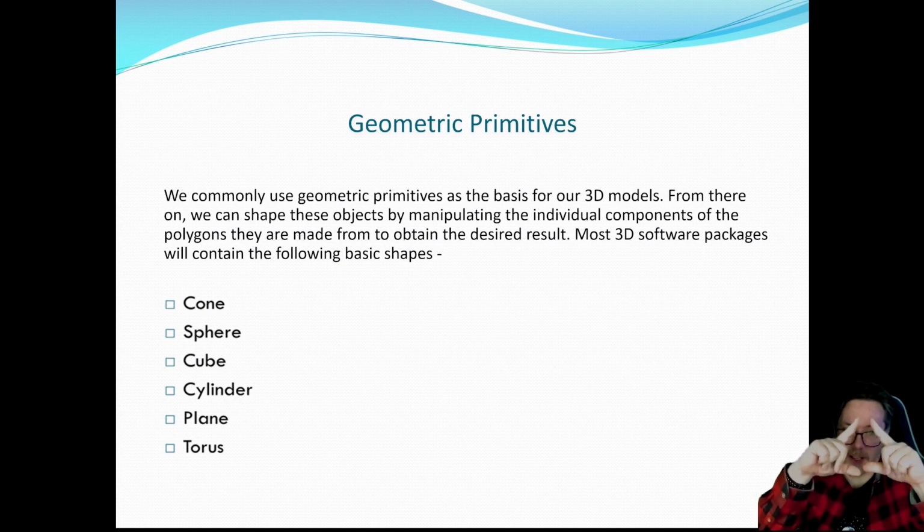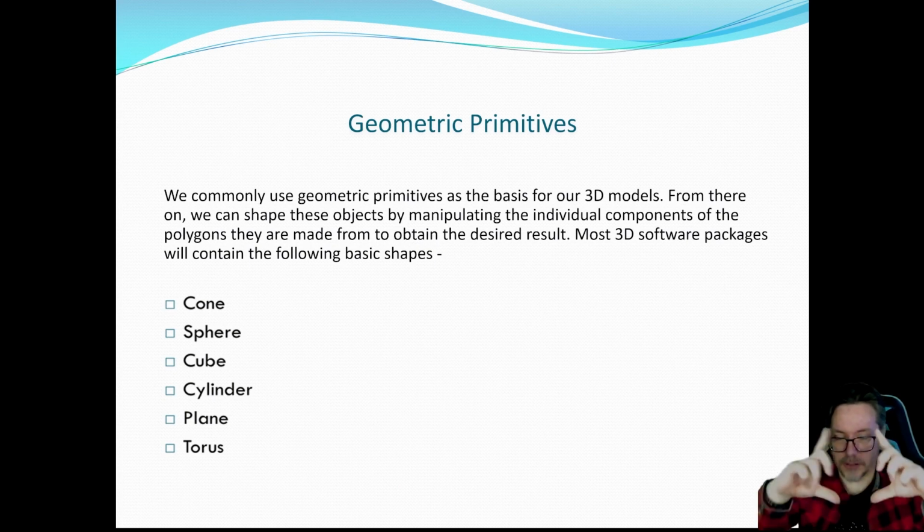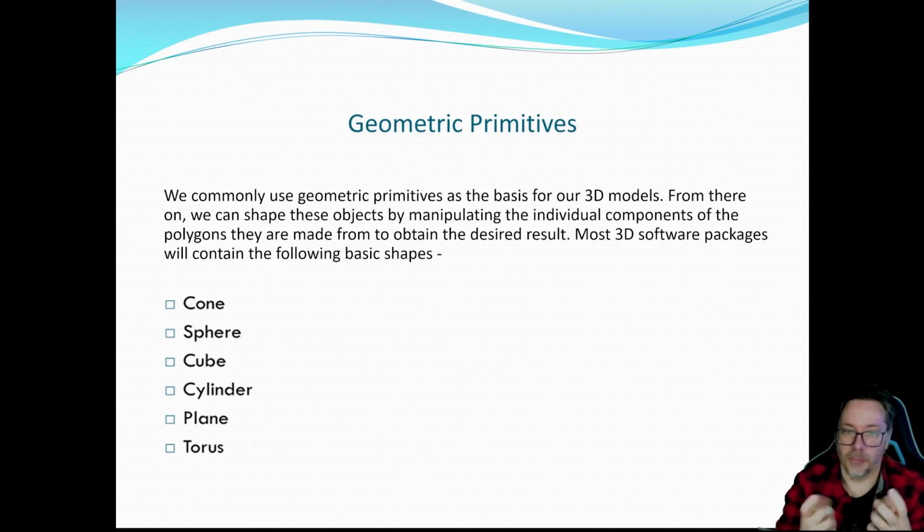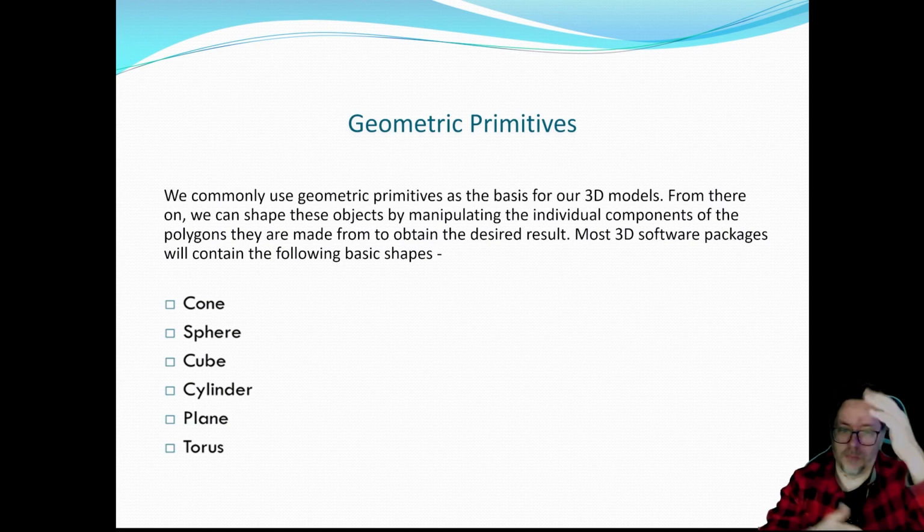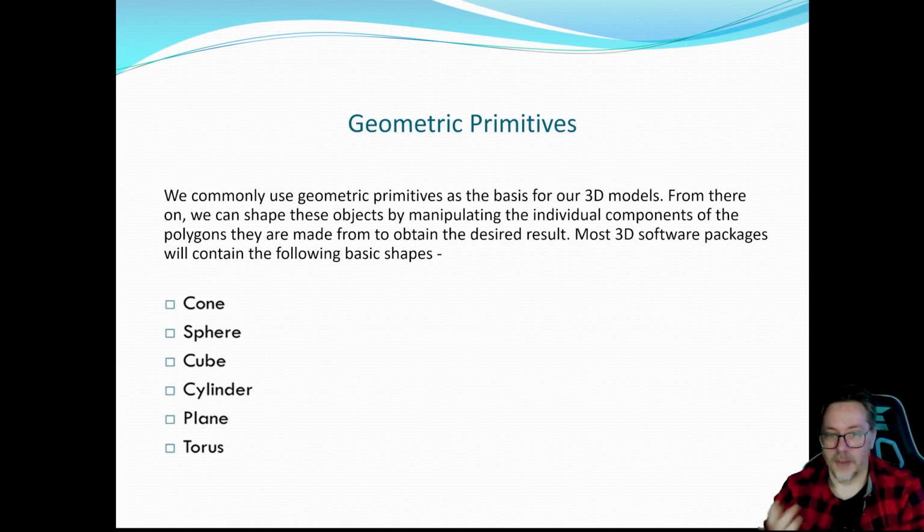A cone is like a triangle, but obviously with a circle, a round bottom, and it comes to a peak. A sphere is the ball. Your cubes, which doesn't have to be an actual square cube. Just you have cylinders, planes, and a torus, which is a donut shape.